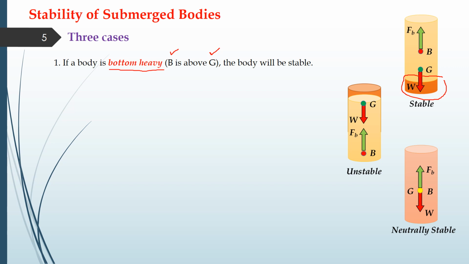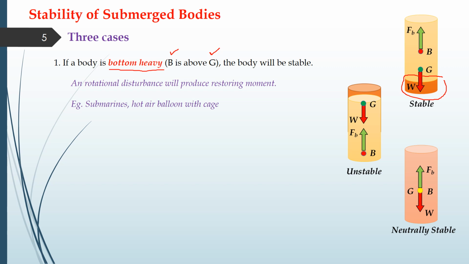In that case, the body will remain stable. Any disturbance will tend to restore the body towards its original position, so it will not topple. Any rotational disturbance will provide the restoring moment in that case.